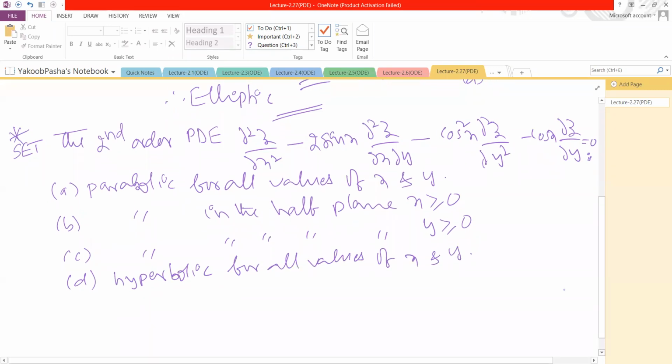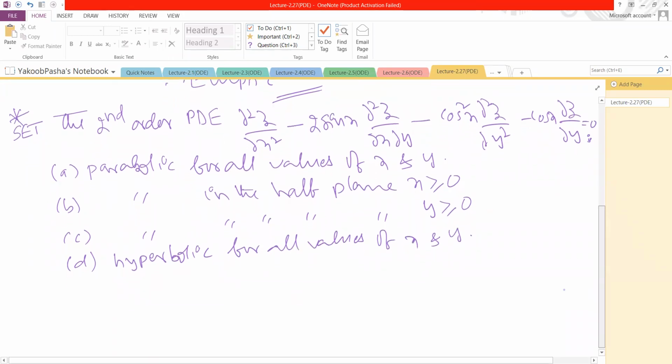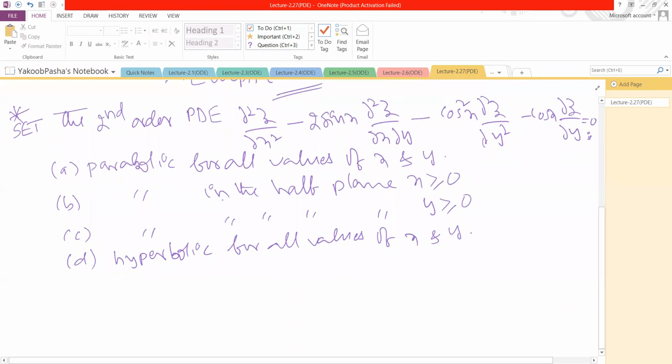Now first comparing this given differential equation with Rr plus Ss plus Tt plus f of x, y, z, p, q is equal to 0. So here R is equal to 1, S is equal to minus 2 sin x, and T is equal to minus cos square x.